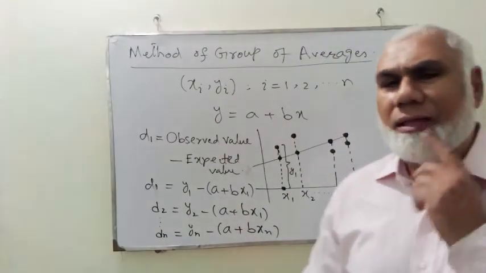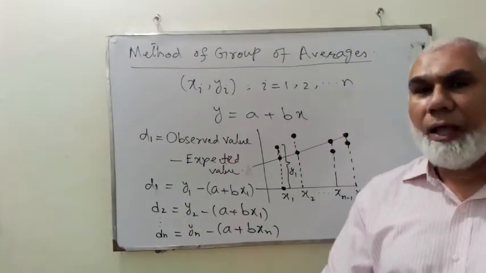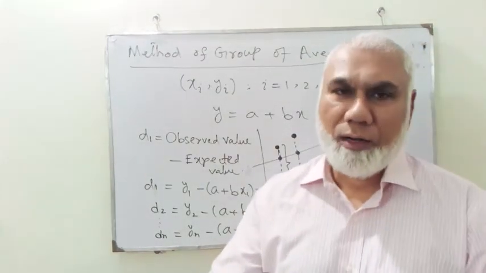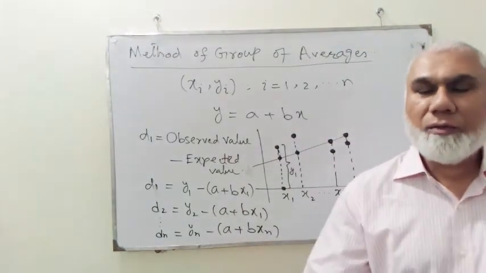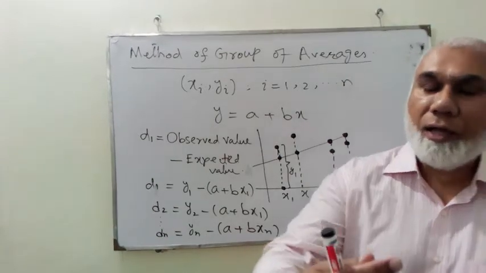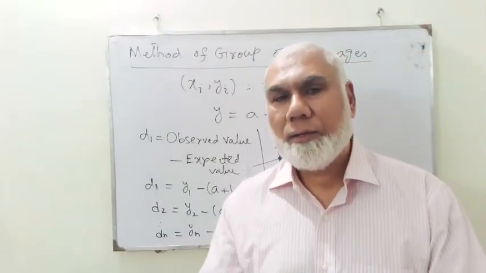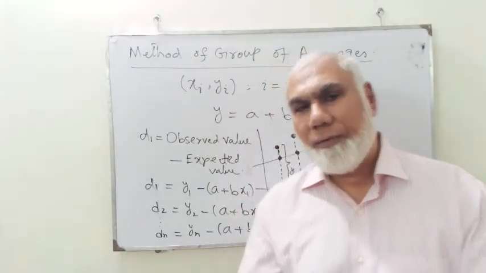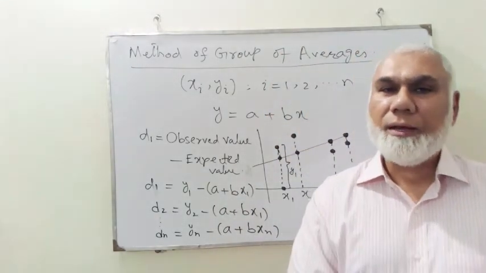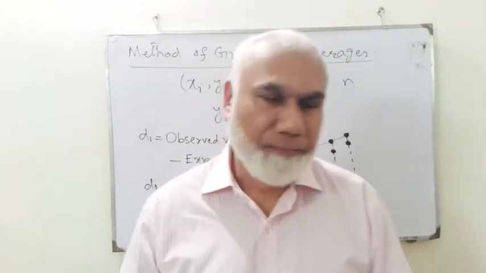Now the question arises, as you can see from the figure, that a few of the expected values and the observed values are above the straight line, and a few of them are below the line. So in such a way, a few of the differences will be positive and a few of the differences will be negative. Of course, it will happen.